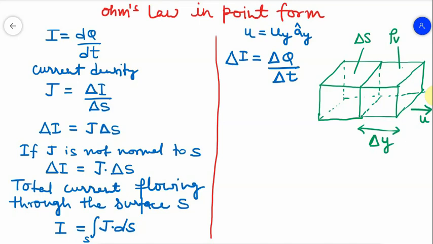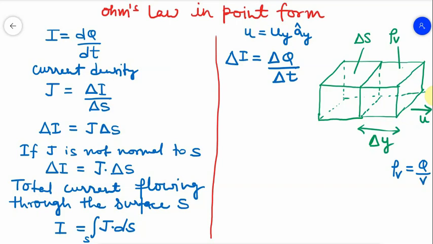Now what will be this charge? Since it is a volume charge density, rho v multiplied by the volume will give you the charge. Why? Because the volume charge density rho v is charge per unit volume.